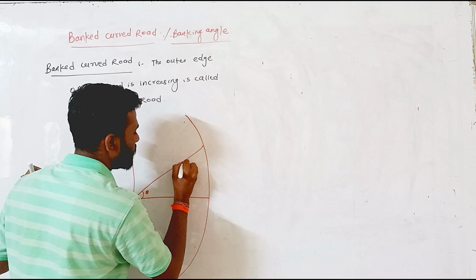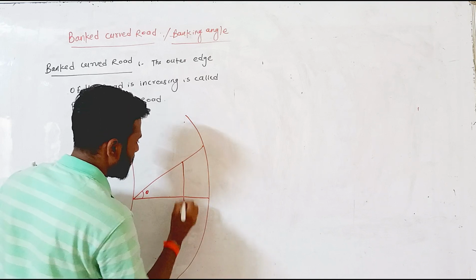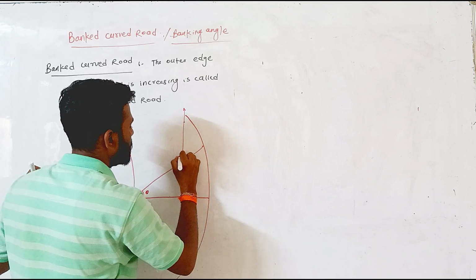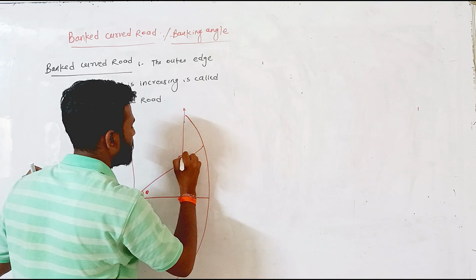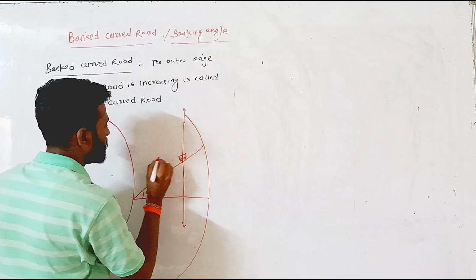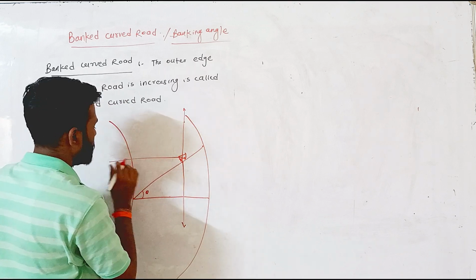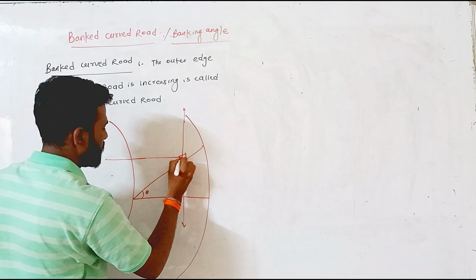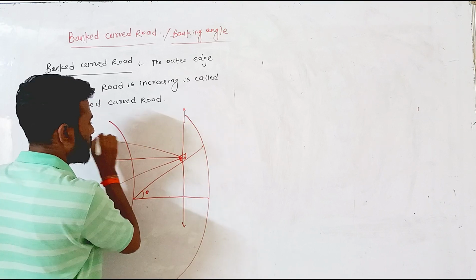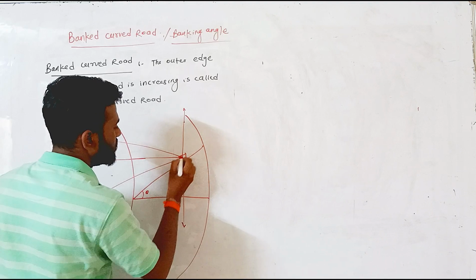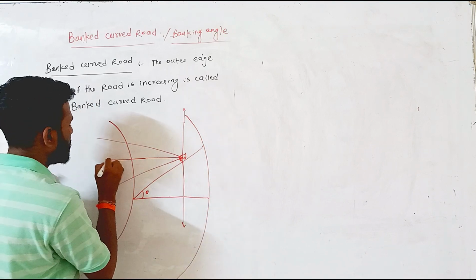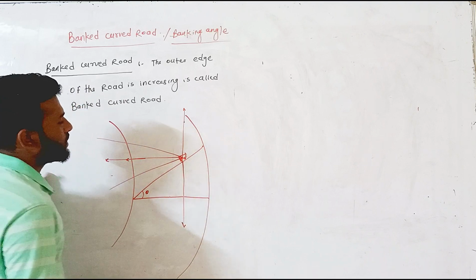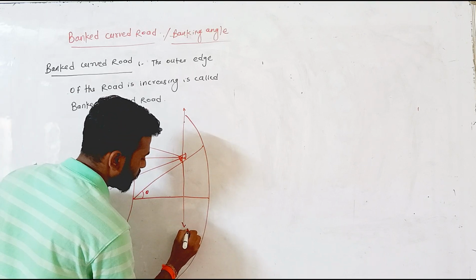So here is a vehicle. This is the center of gravity of the vehicle, and the vehicle's weight acts vertically downward.